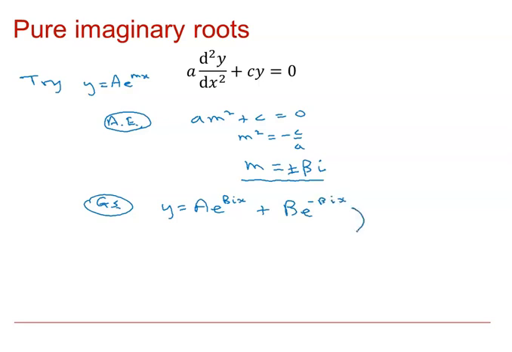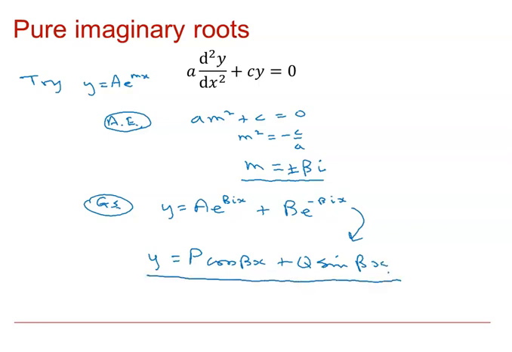And it can be shown that that general solution can be expressed as y equals p cos beta x plus q sine beta x, where p and q are different arbitrary constants from the a and the b. And in a moment we're going to look at how this can be changed into this new form.